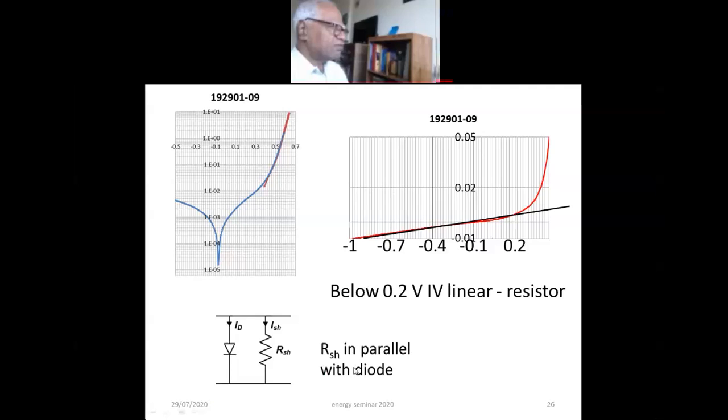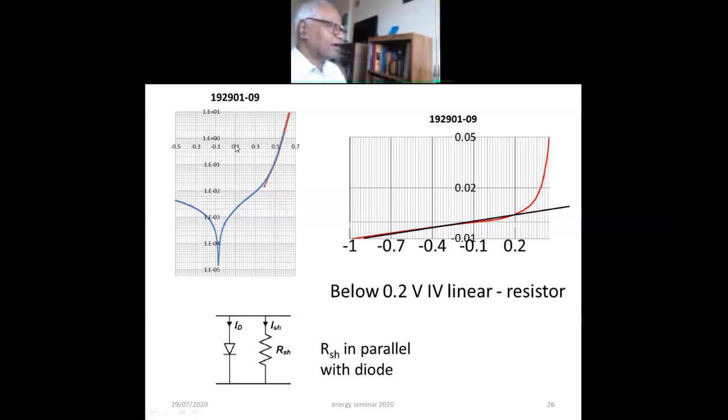So now what I'm going to do is blow up this region here, the negative region and a small forward bias region. And you see, this is linear. Linear means if the IV is linear, it is like a resistor. So there's a resistor in parallel with the diode, and that is called a shunt. So up to 0.2 eV or 0.25 eV, all the current is going through the resistor, nothing is going through the diode.